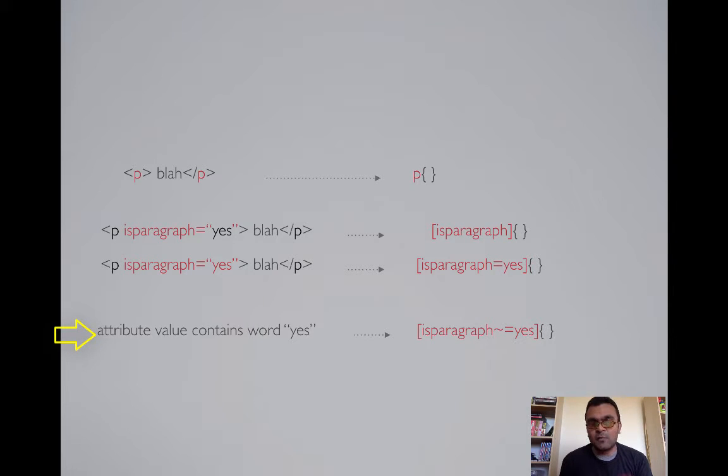Let's say in this case the word yes. This is how you write it. In square brackets, you would say isParagraph tilde equal to yes, and a closing square bracket.